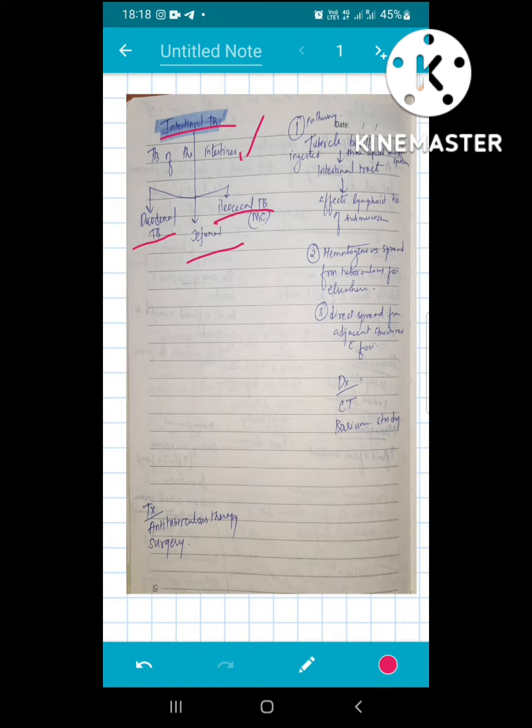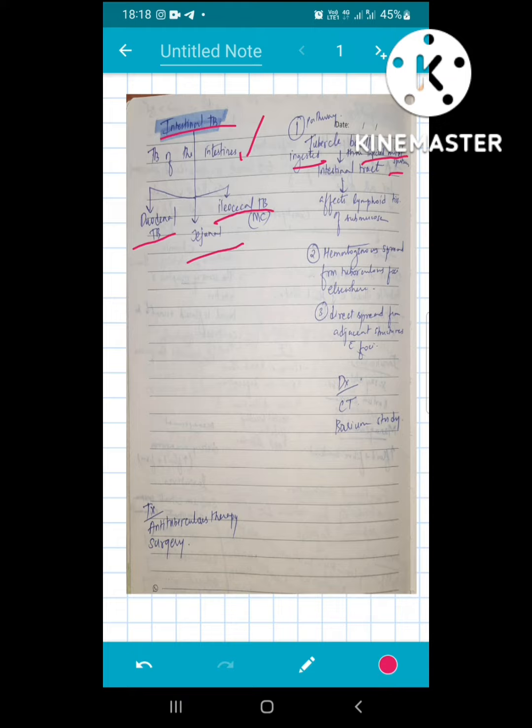So what is the pathophysiology? How do the intestines get affected with the tubercle bacilli? There are three pathogenesis routes. The first one is the tubercle bacilli being ingested through the sputum of an infected person or the infected milk of the cow.